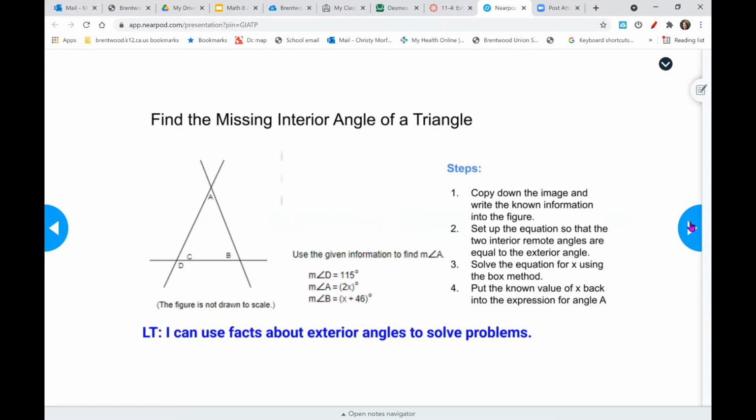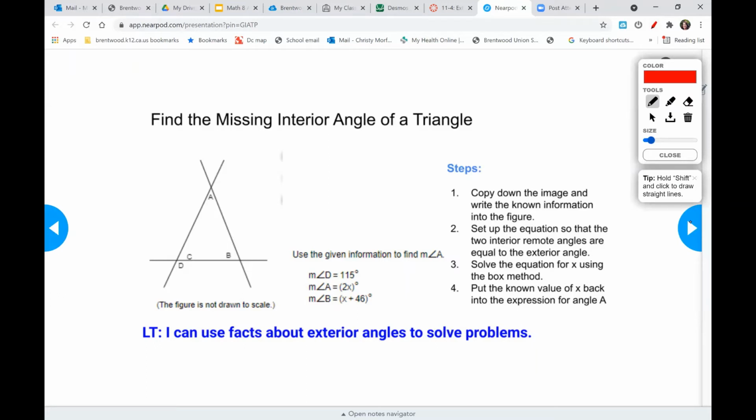Remember when we're doing something like this, and because this one isn't really one that's in your assignment, I'm just going to remind you how to set it up. It does say the steps right there on the side. Here's the exterior, and here are the 2 remote interior. To get the answer, we are supposed to be adding A and B because they're farthest away.